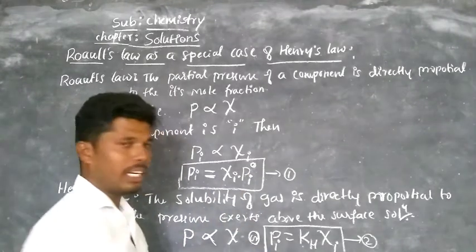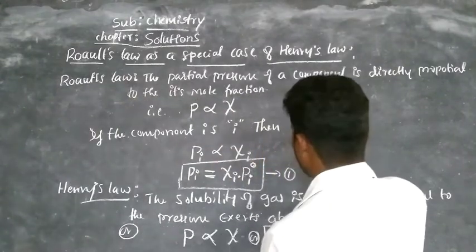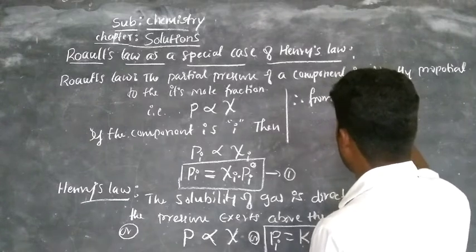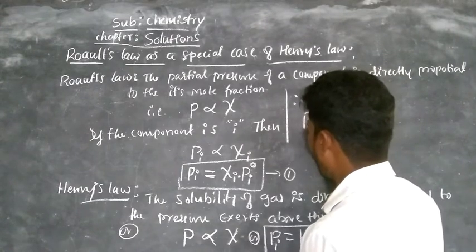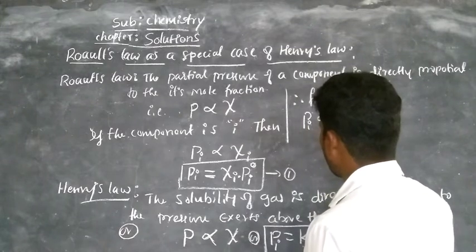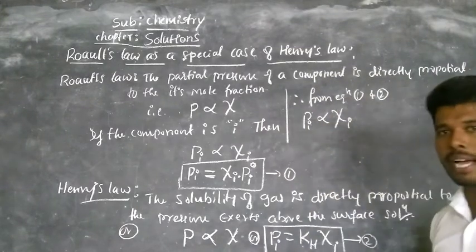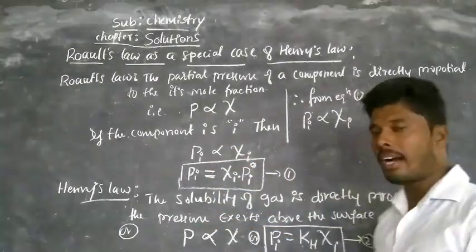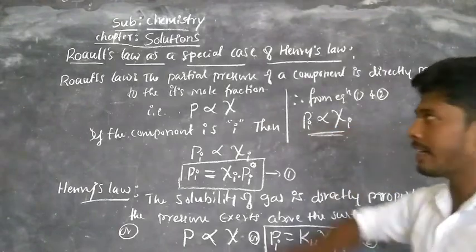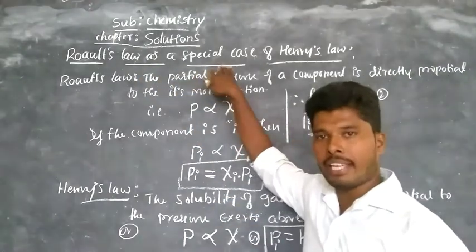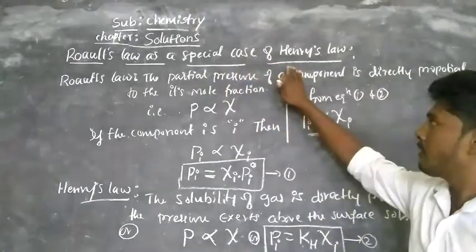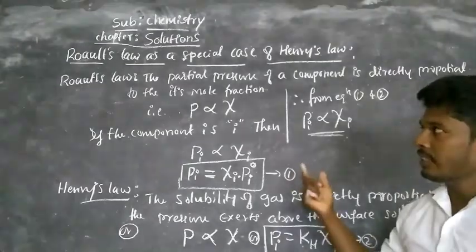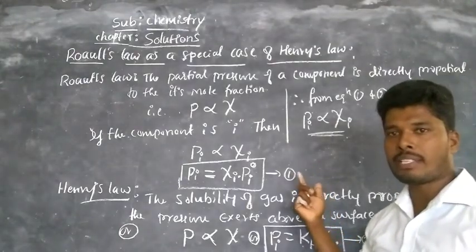Therefore, from equations 1 and 2, we say that P of i is directly proportional to the mole fraction of component i. This is the conclusion by comparing both Raoult's law and Henry's law. Therefore, we say that Raoult's law is a special case of Henry's law. Understand?